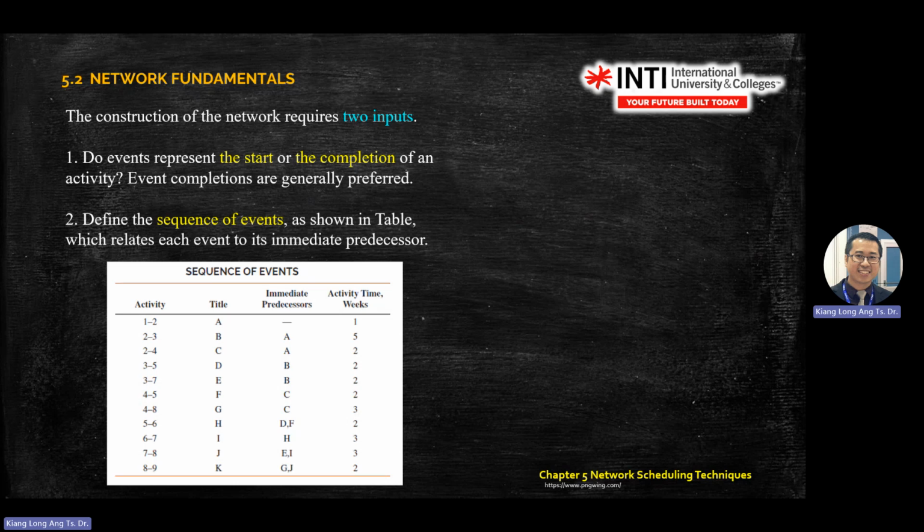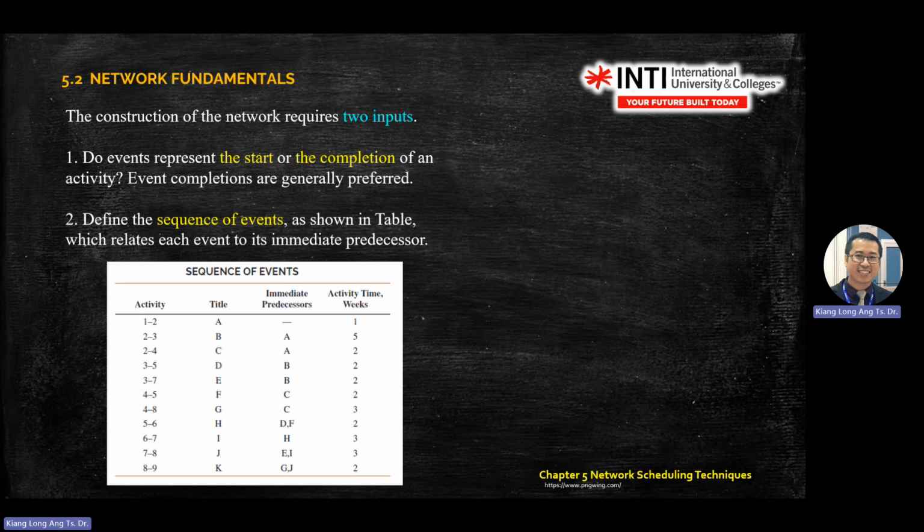I point to A. Time is 1. So I know the next one will be B. I draw it somewhere in the space here. B's immediate predecessor is A, so the arrow points from A to B. Remember, the arrow is important. For B, you copy 5 here.